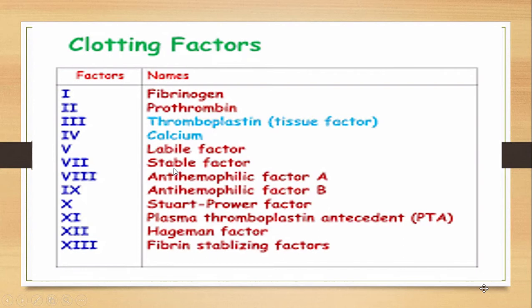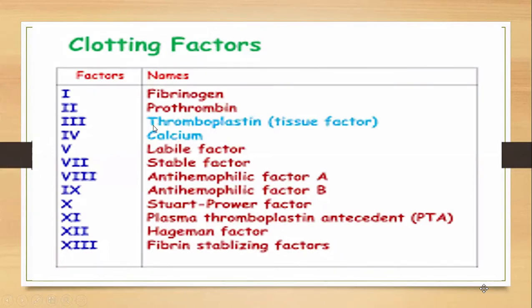Factor 7, stable factor. 8 is the anti-hemophilic factor. And 9 is the anti-hemophilic factor B or the Christmas factor. 10 is Stewart-Prower factor. 11, plasma thromboplastin antecedent, PTA. The Hageman factor is factor 12, and factor 13 is fibrin stabilizing factor.